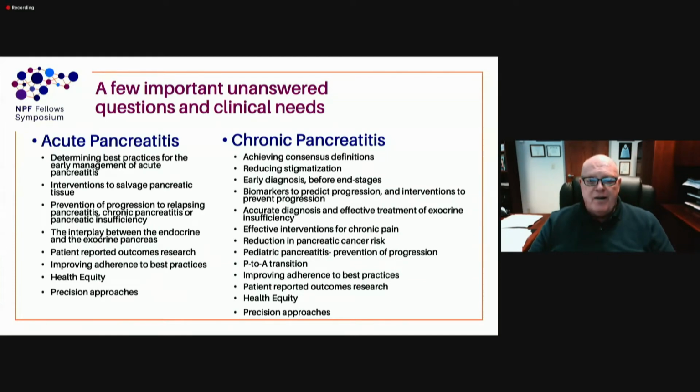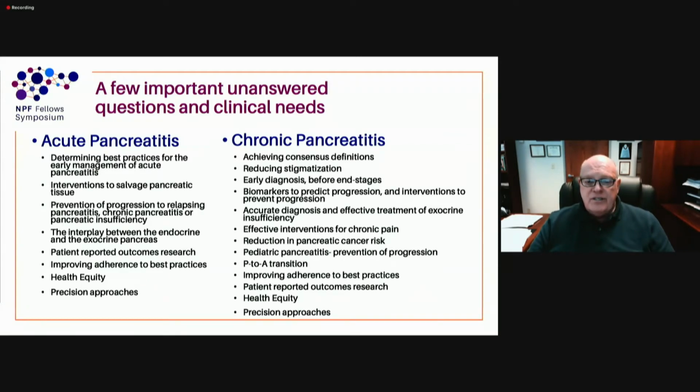And similarly, for chronic pancreatitis, a number of areas, like getting us together on consensus definitions. What defines worsening or progression of chronic pancreatitis, for instance? Reducing the stigma, this sense that everybody who gets it is an alcoholic. Early diagnosis, when we might be able to do something, and biomarkers to help us predict who's going to develop specific outcomes.